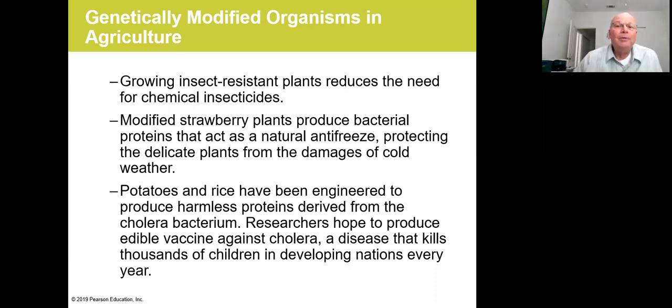But the bacterium that I referred to earlier, the Bacillus thuringiensis, produces a natural antifreeze. And the gene for that chemical has been identified, and strawberries have been genetically modified with this gene so that they now make their own natural antifreeze that stops them from being frozen if they get subjected to a hard freeze, a frost.